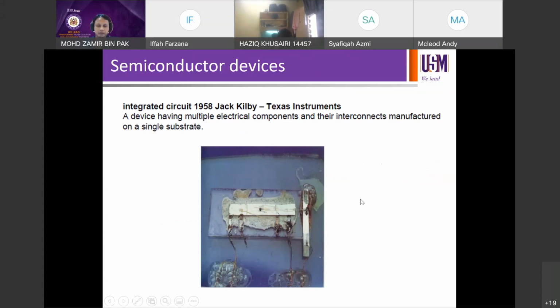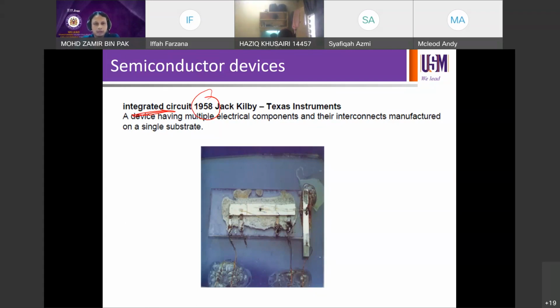Then the first integrated circuit was invented in 1958. Integrated circuit means you have more than one discrete device on a circuit, right? You have a combination of different devices on the same circuit. That's why we call it integrated circuit or IC.